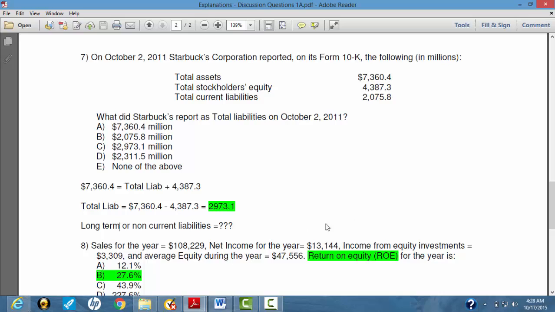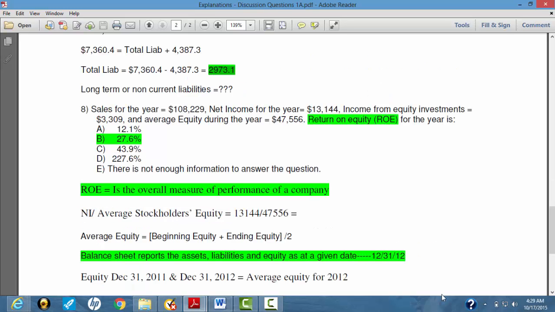All we need to do is subtract the current liabilities from the total liabilities, and that will give us the long-term or non-current liabilities. We are not asked that question, so we will just discuss that just to make sure we understand what to do if asked such a question. So let's look at the second question.